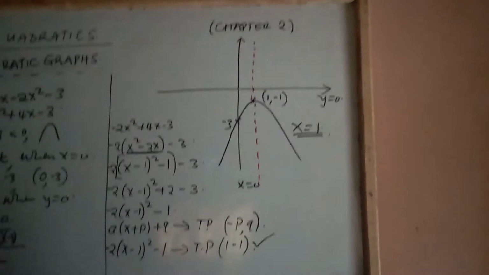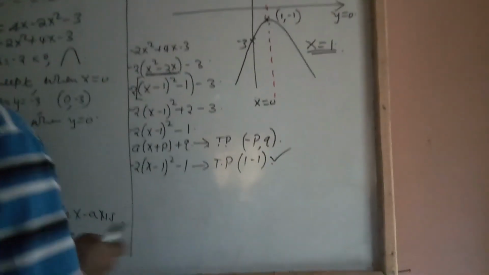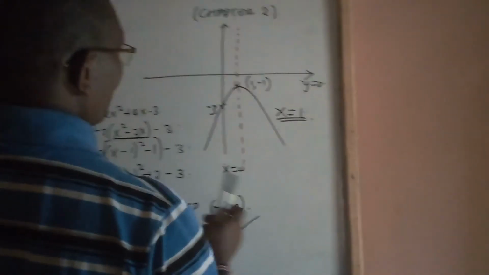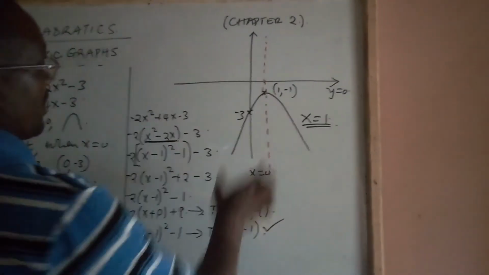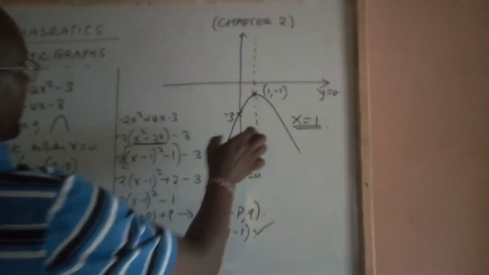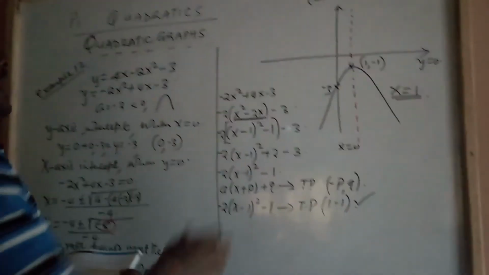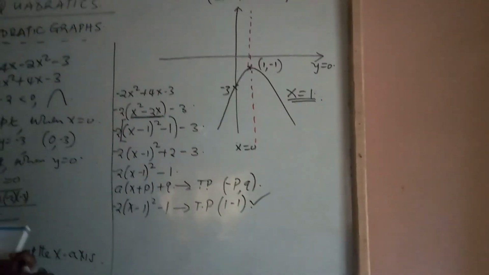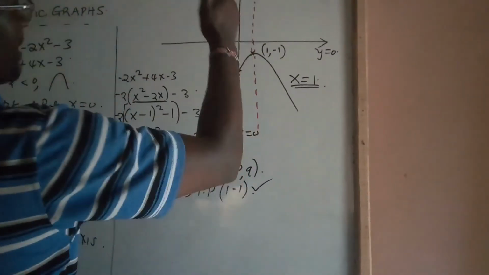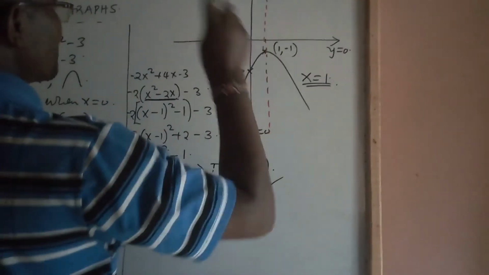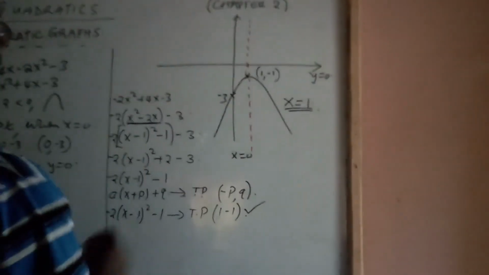I think we can give it a different approach. Remember, we do not have solutions to this graph. That means the other approach, of the line of symmetry being halfway between the solutions, doesn't work here because we don't even have those roots.